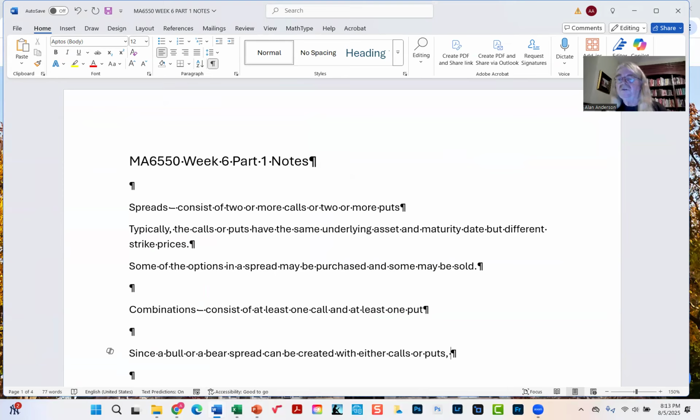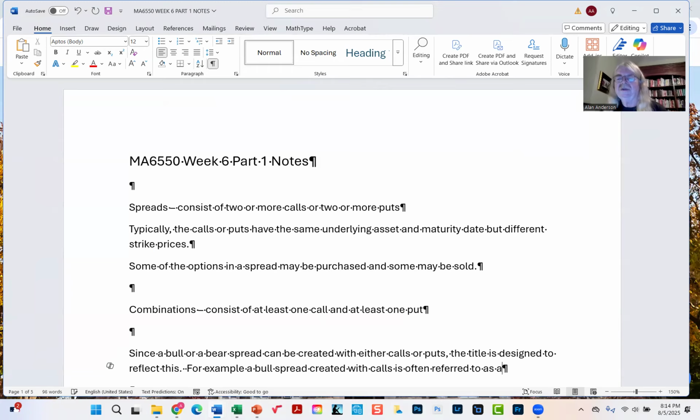In order to make sure we know which is which, we often specify in the title whether it's a spread created with calls or puts. So in other words, the title is designed to reflect this. For example, a bull spread created with calls is often referred to as a bull call spread.